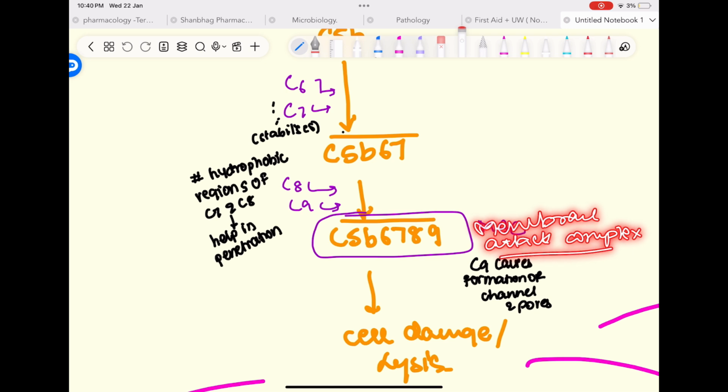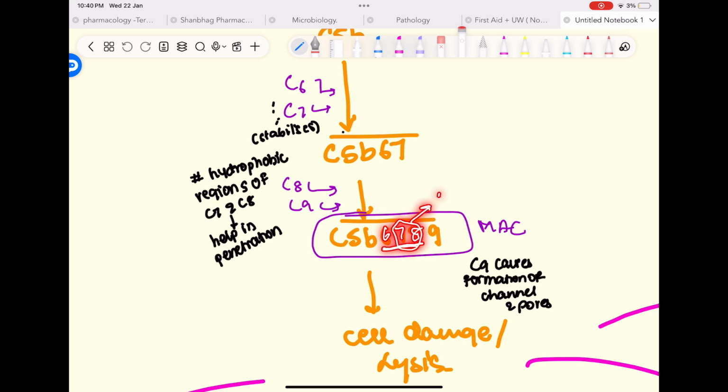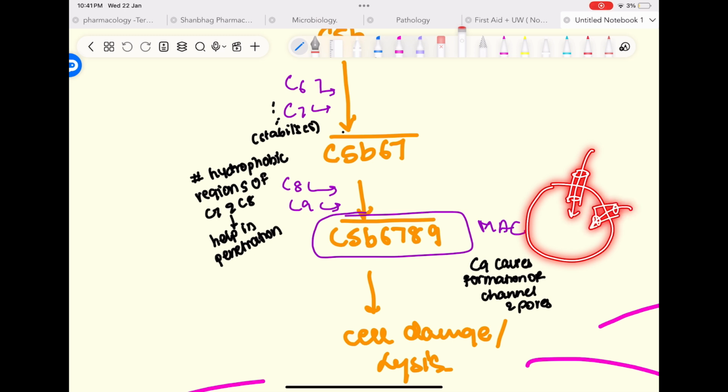Okay, for now we saw that C6 and C7 were stabilizing the C5b molecule since it was labile. We also saw that C7 and C8 helped in penetration into the microbe or virus or fungus. And now the action of C9 is to form the channels or pores or perforations into the membrane.